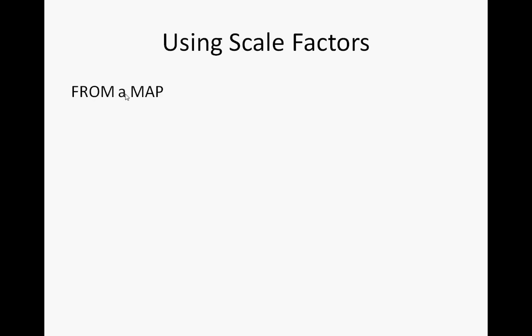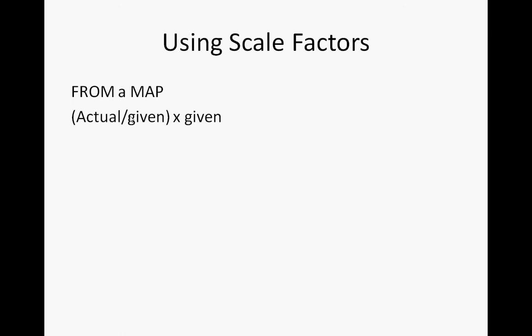The first way is from a map, so we're going from a model to the actual length. So what we're going to do is the actual distance to the given distance, so we're going to actually flip our scale ratio, our scale factor, upside down.